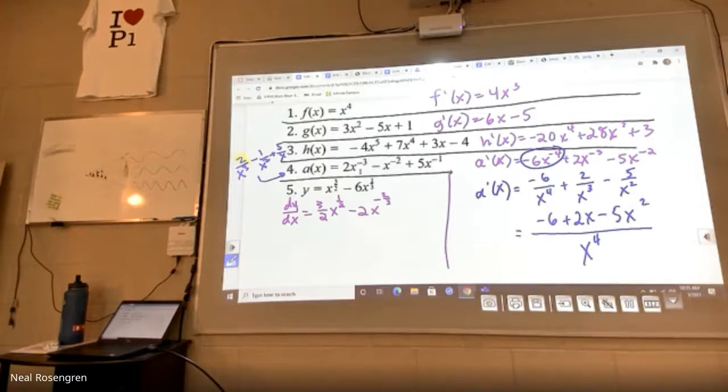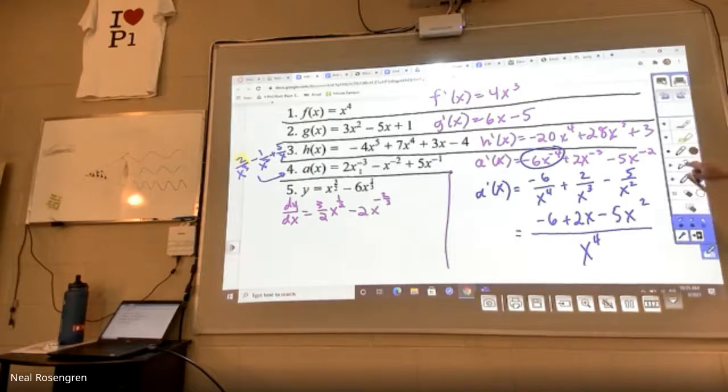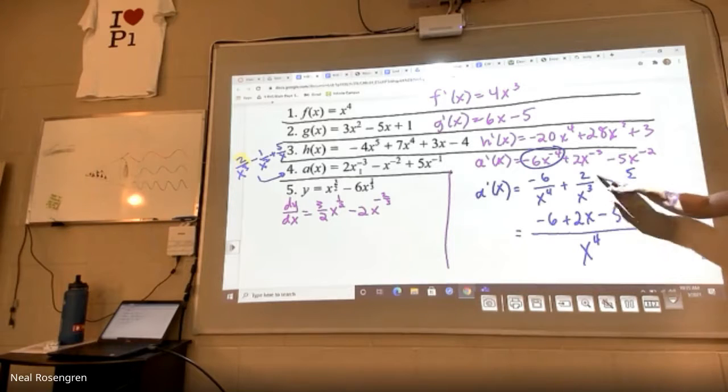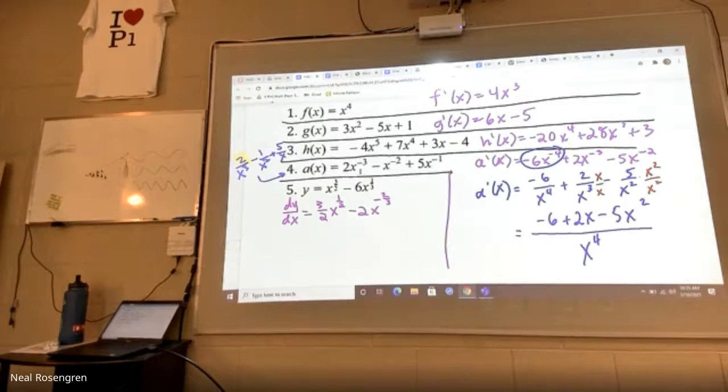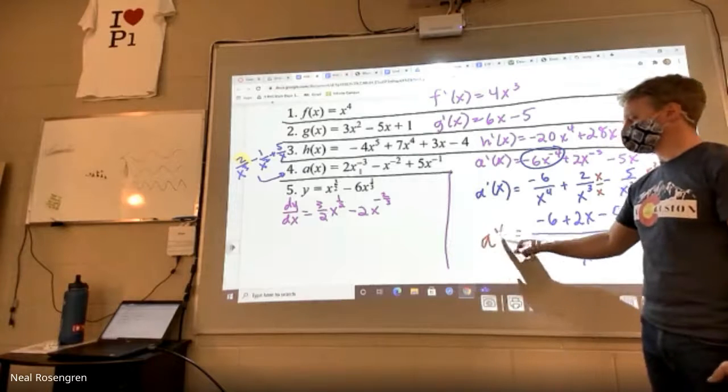If I want everything to be over x to the 4th, well, then I better create common denominators by multiplying top and bottom by what I need to.